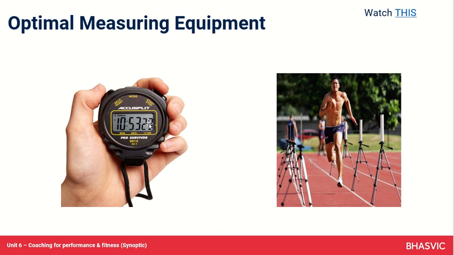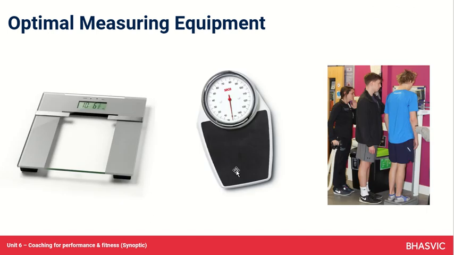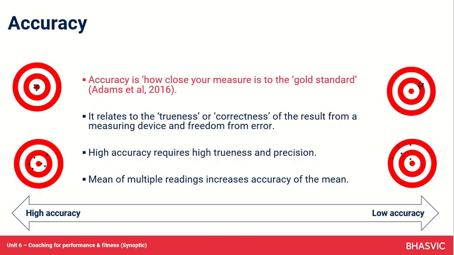But the problem with this is human error, reaction time is going to be different. You're just showing off that you're aware of these things. Some equipment, like scales, might need calibration. So if you do any measures where there's equipment that needs calibration, you're just checking that it's consistent and the same. Because what we want is accurate measures. We want truthful, accurate measures, and we want consistent measures.